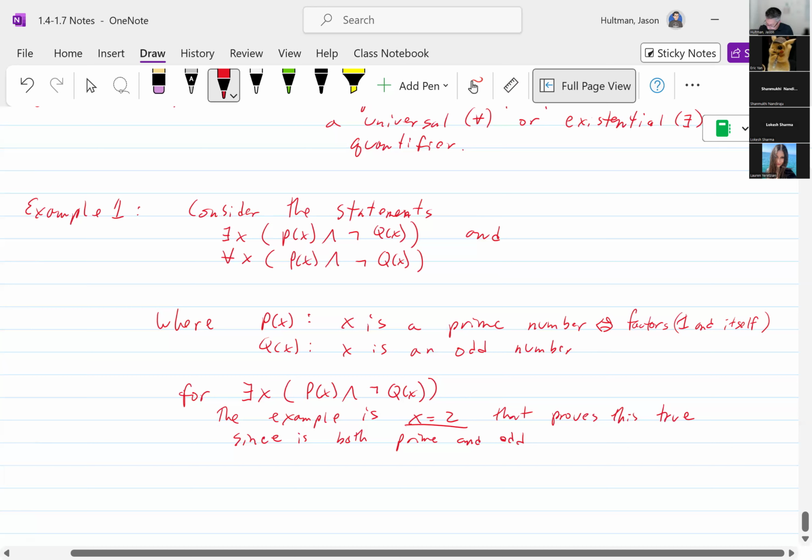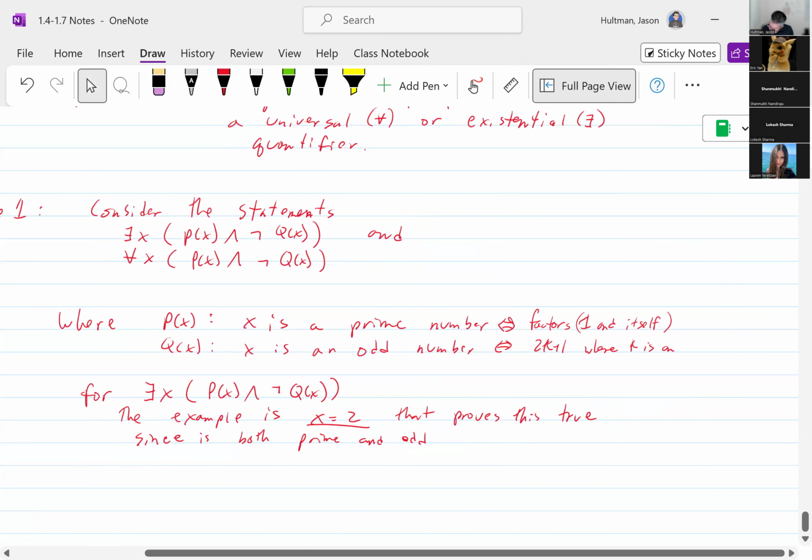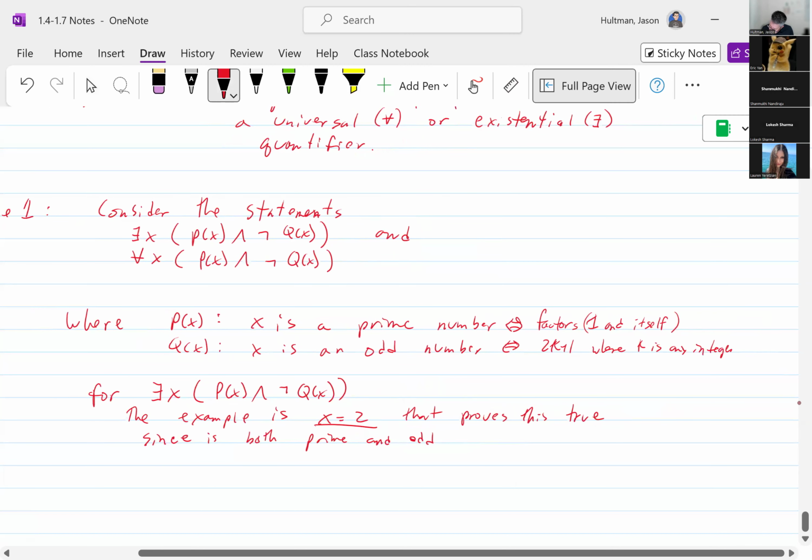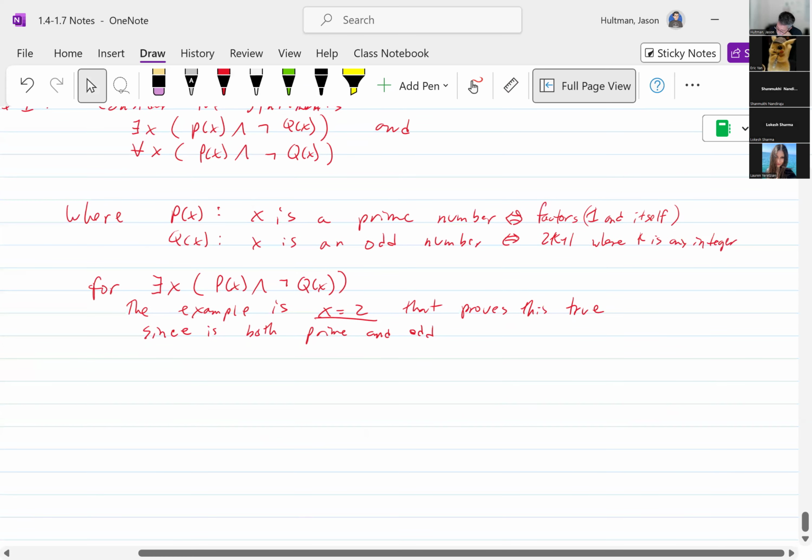Okay. In math, we formally define an odd number as 2k plus 1, where k is any integer. It's because we take 2, anything that's a multiple of 2 is even, and we just add 1 to it. So a prime number only has factors 1 and itself.